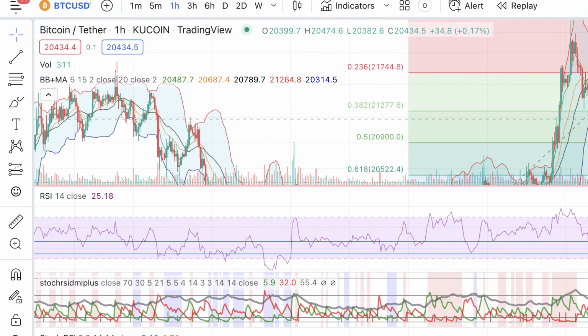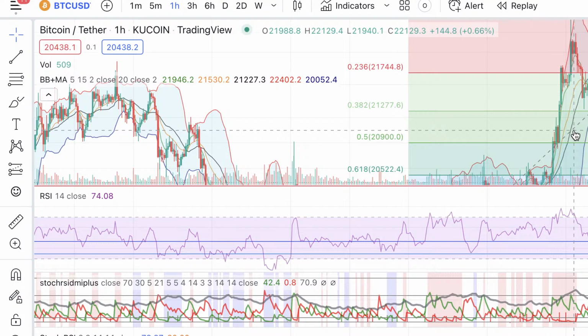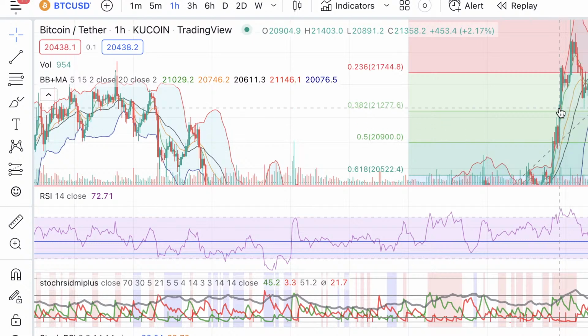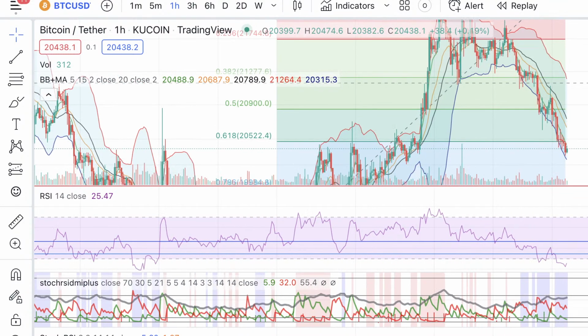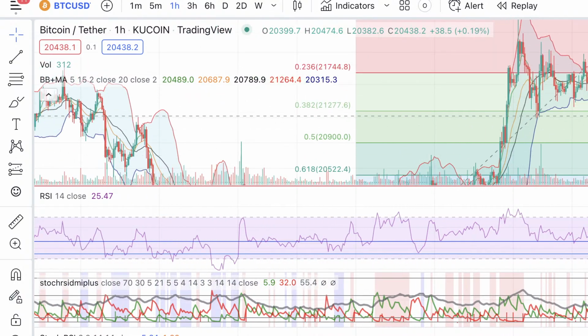So I knew I was on the right track based on these really strong price action candles from the support lines, and I wanted to keep going. So now it is a downtrend.